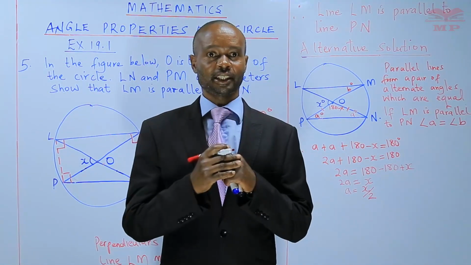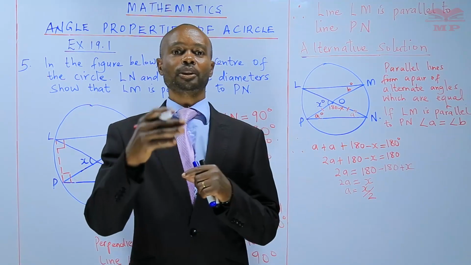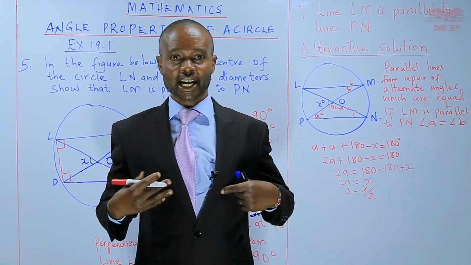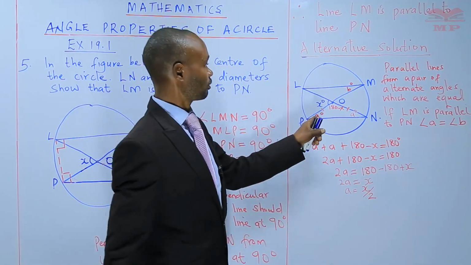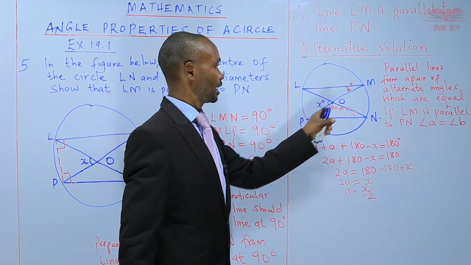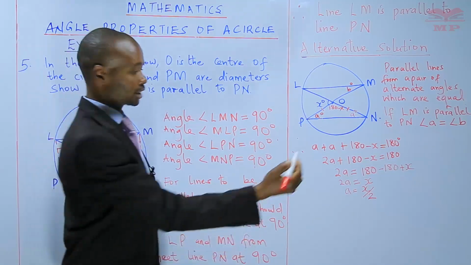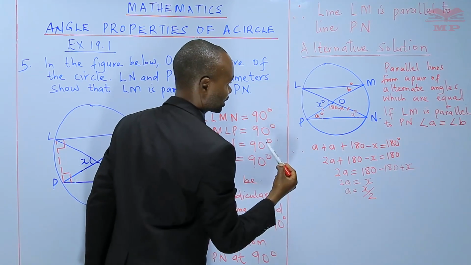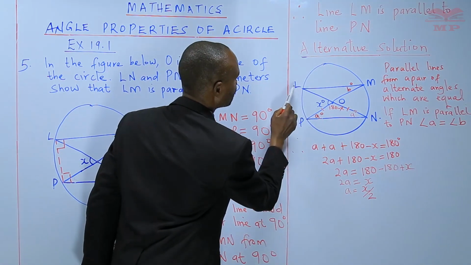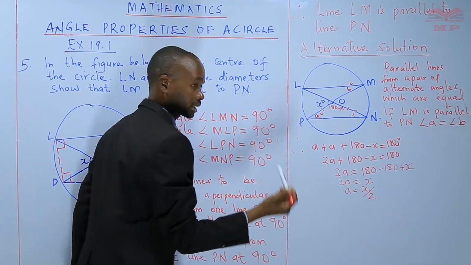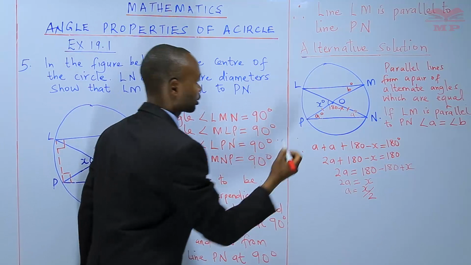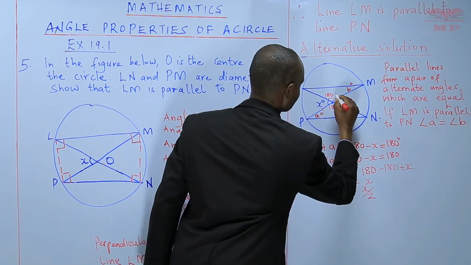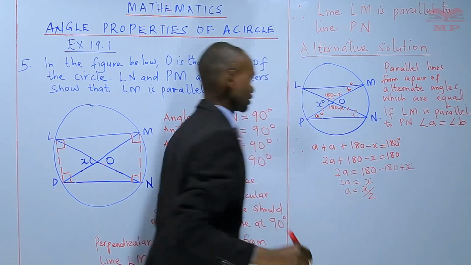That will be the value of A. I've already got the value of A. My next step will be getting the value of B to ascertain whether it is equal to A, because the alternate angles I was talking of were A and B. So I'll go back to the diagram. Given that PON is 180 minus x, it is directly opposite to LOM. Directly opposite angles are equal. So this angle will be 180 minus x.